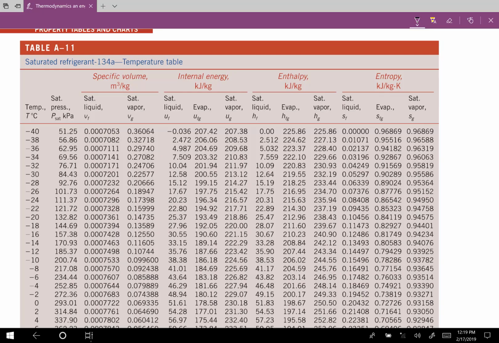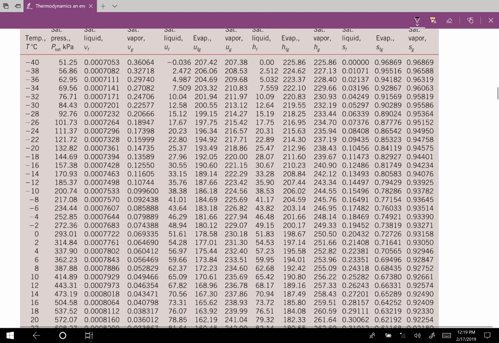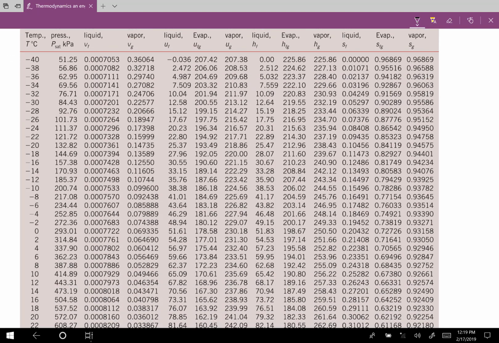All right, so now I'm looking at the saturated refrigerant 134A temperature table. So I'm going to look up the saturation pressure at the temperature given. The first temperature given is negative 10 degrees Celsius. The saturation pressure at negative 10 degrees Celsius is 200.74 kilopascals.